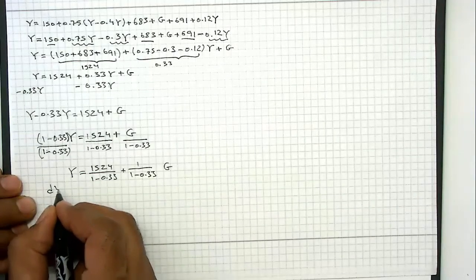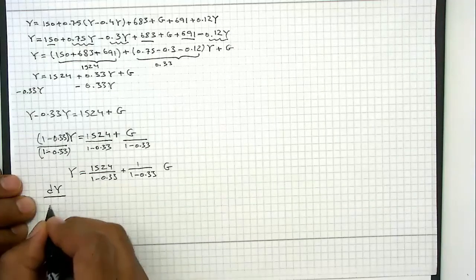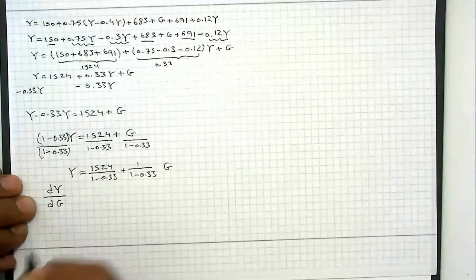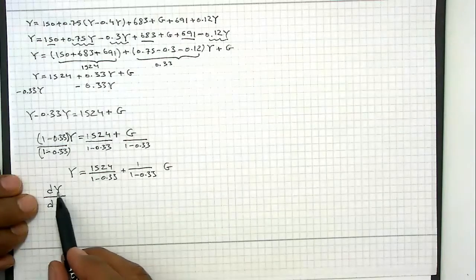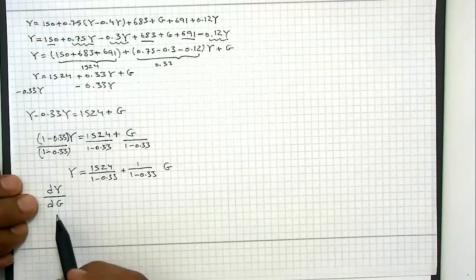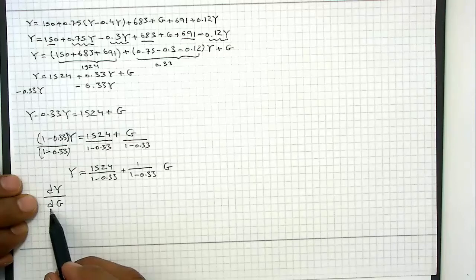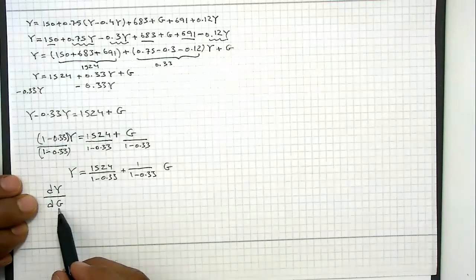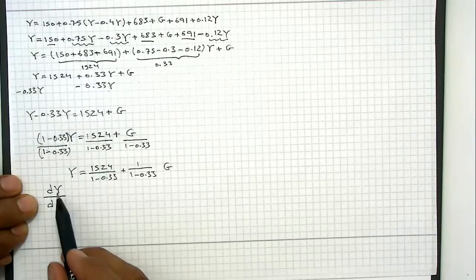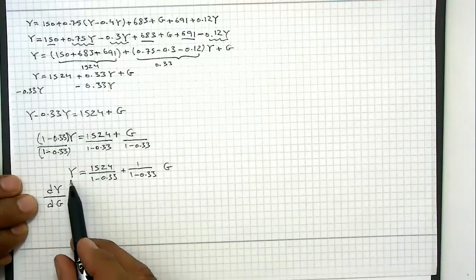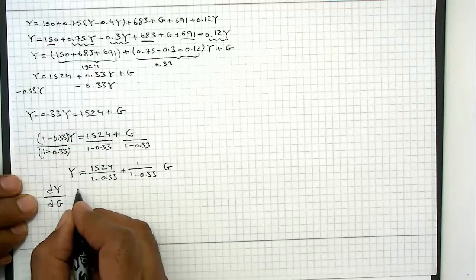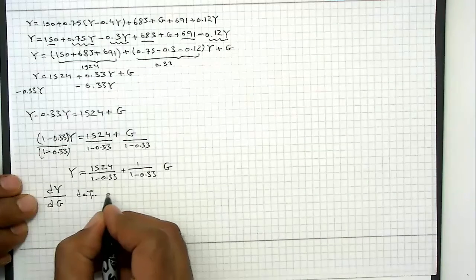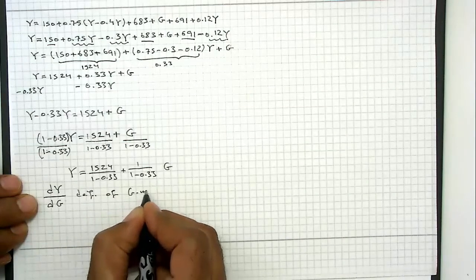It is dy/dG, meaning the small change in y that comes from a small change in G. This is actually the derivative of this function, so this is the definition of the G-multiplier.